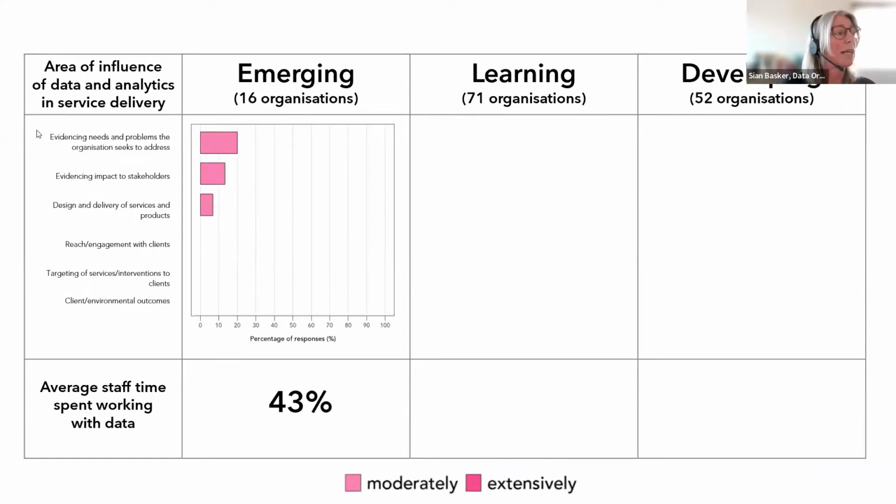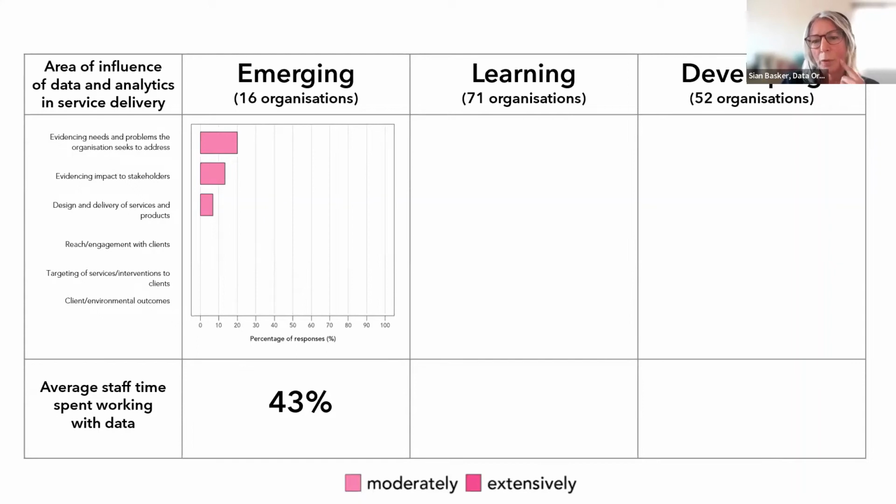I mean, only 3 areas showed any evidence, and here only moderate, and only for a very small proportion of organisations, that their main area of benefit and influence of data was around evidencing needs and problems that the organisation seeks to address. There's a little bit in evidencing impact to stakeholders, and even less around the design and delivery of services.